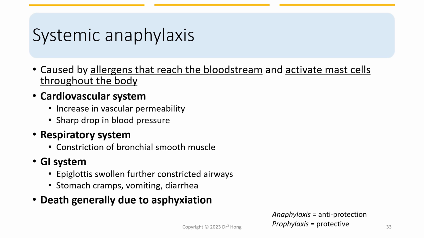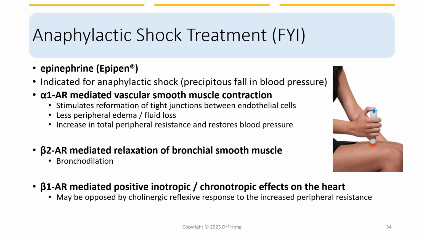These conditions can be serious and lead to death. Generally speaking, death from systemic anaphylaxis is due to asphyxiation, meaning suffocation and being unable to breathe because of the constricted airways. So we just looked at how anaphylaxis can cause symptoms in the respiratory and cardiovascular systems, and these conditions can be fatal.